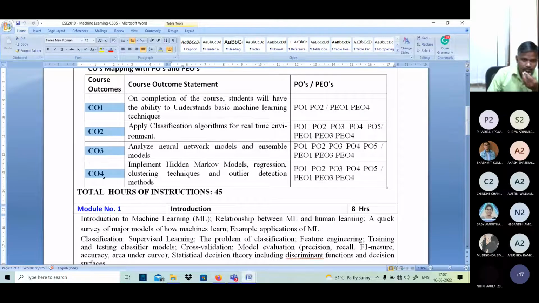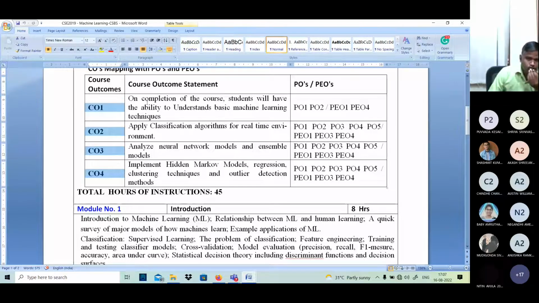Here we have 4 course outcomes. What is the meaning of course here? Course in the sense of subject. Here our course is the machine learning course with course code CSE 2019.